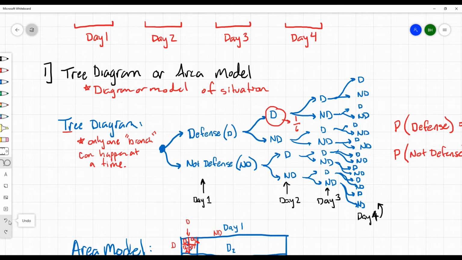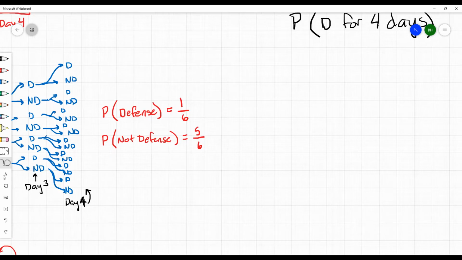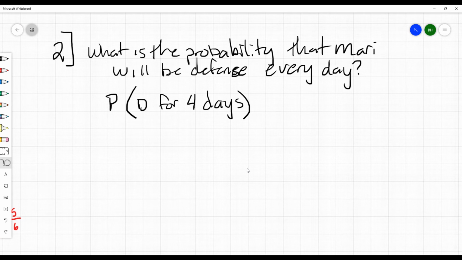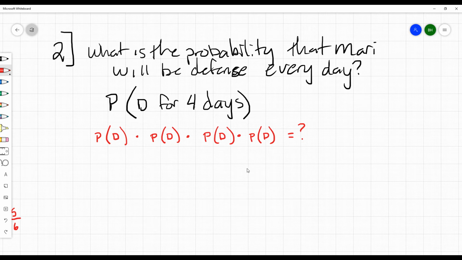So right now we're going to be looking at this branch. We're going to be multiplying probabilities and looking at what's going to happen with Mari being a defense attorney every single day. So we're going to have the probability that she is defense, and the probability that she is defense, and the probability that she is defense, and the probability that she is defense. We want it all 4 days. So each one of these is going to represent a day.